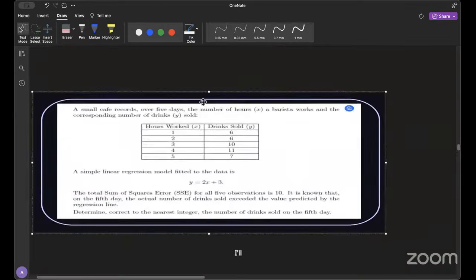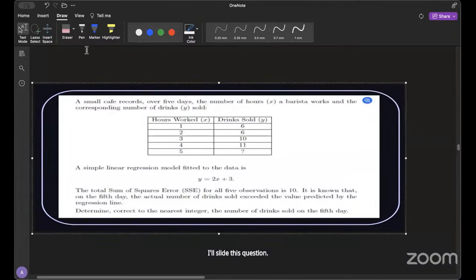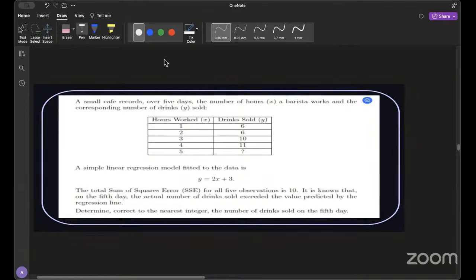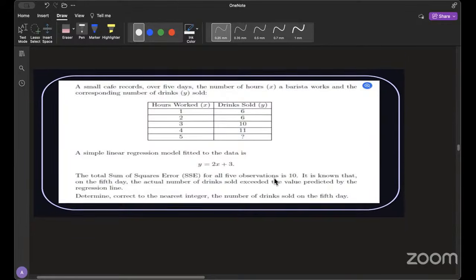Now try this question. Meanwhile, others are trying this question.